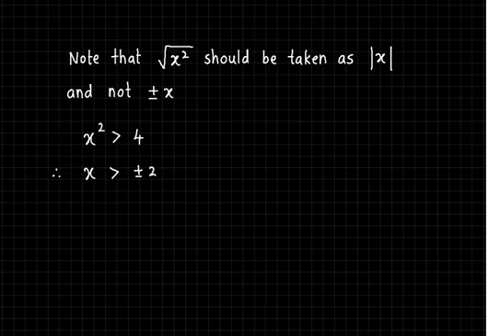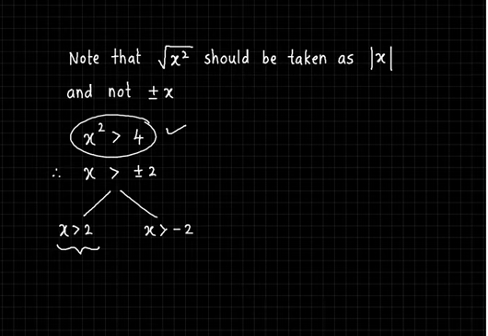But whenever we are dealing with variables and functions, we should take the square root using the modulus function only. Because if we say that x is greater than plus or minus 2, that means x is greater than 2 or x is greater than minus 2. Now if x is greater than 2, then it definitely satisfies the original inequality. So that is fine, that's part of the answer.